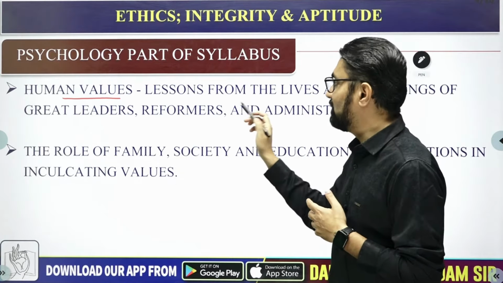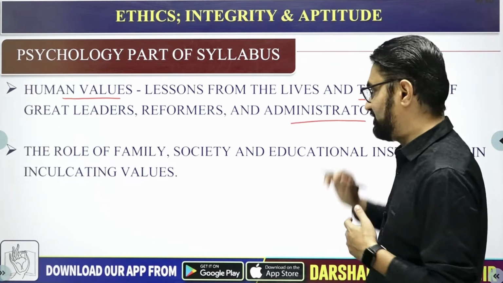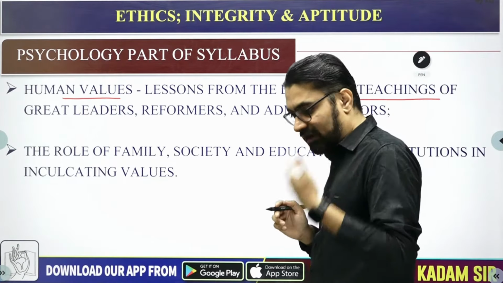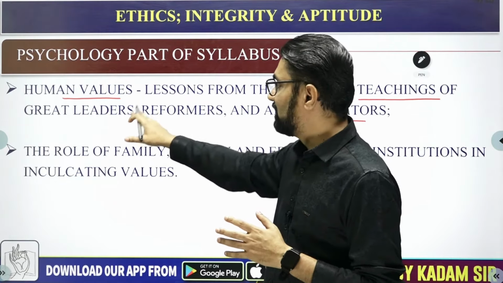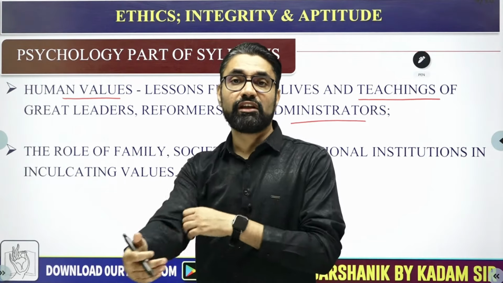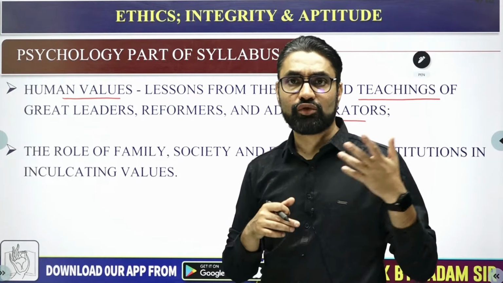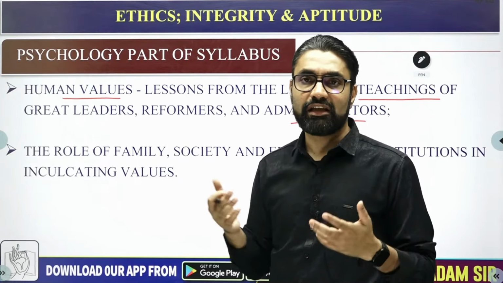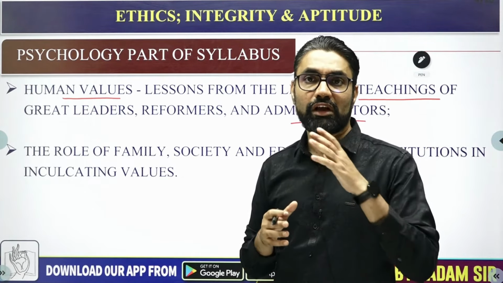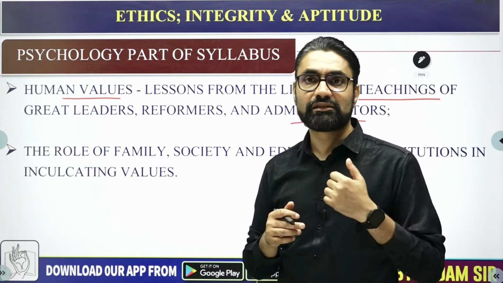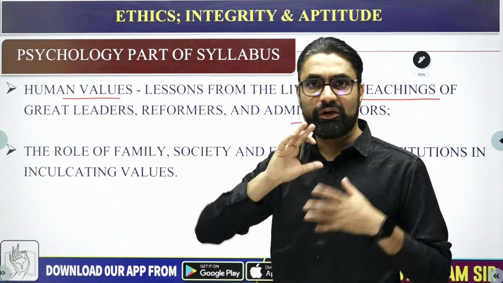In human values, they mention lessons from the lives and teachings of great leaders, reformers and administrators. Already in the philosophy segment we are going to discuss a large number of these great thinkers and reformers, important Indian thinkers and philosophers like Gandhi, Buddha, Mahavira, Aristotle, Plato, Socrates, Bentham, Kant, the Bhagavad Gita, and reformers like Raja Ram Mohan Roy, Vivekananda, Swami Dayanand Saraswati, Kabir, Tulsidas, Tukaram, etc. Most of them will get covered in the philosophy segment.